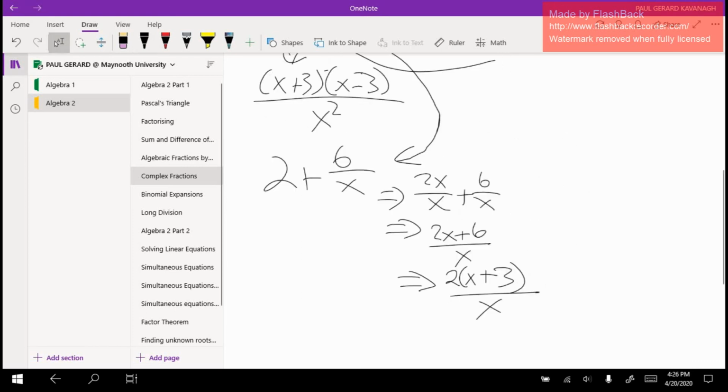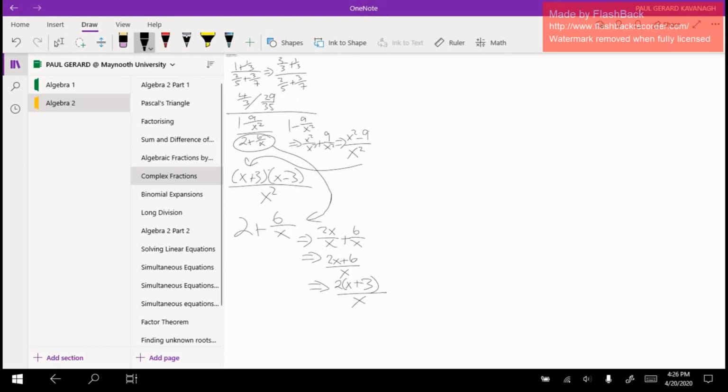We have all that. I'm going to draw all of that over here, and bring it over here. So I have x minus 3 over x squared, all over x plus 3 over x.